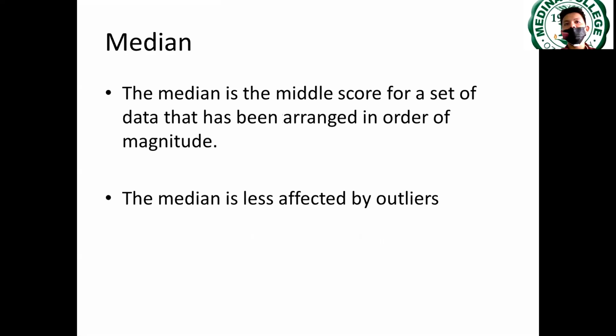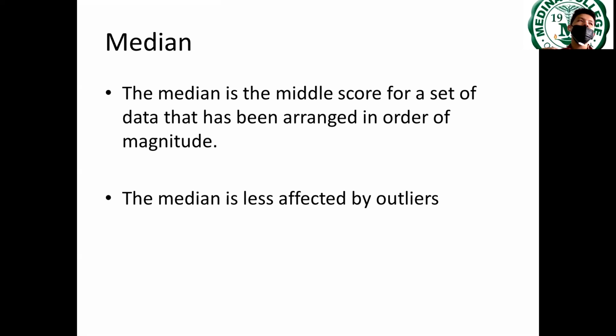The median is the middle score for a set of data that has been arranged in order of magnitude. What do we mean by order of magnitude? From the smallest value up until the largest value. For example, you have a data set 7, 1, and 9.